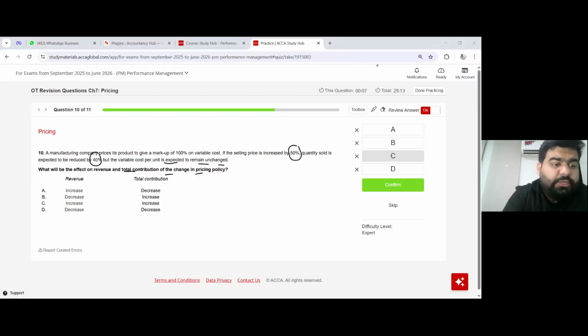So let's see. If the selling price is increased by 50%, demand will decrease by 40%. Because values are not given, we'll consider our own. For example, you are selling something at $100 and your demand is 100 units.